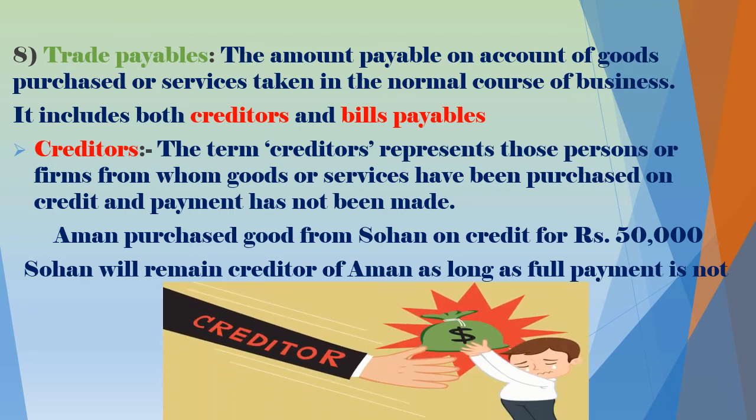Here you can see the hand, that is Sohan, the creditor, and on the other side you can see Aman. So unless Aman clears all the payment, Sohan will remain the creditor, or he will be the one to whom Aman will be liable to pay until the full payment is made.